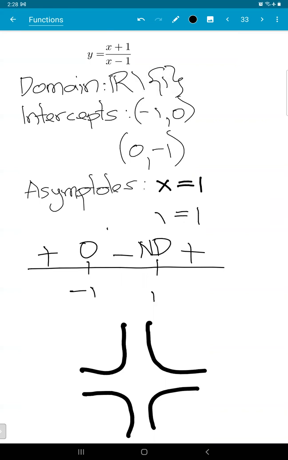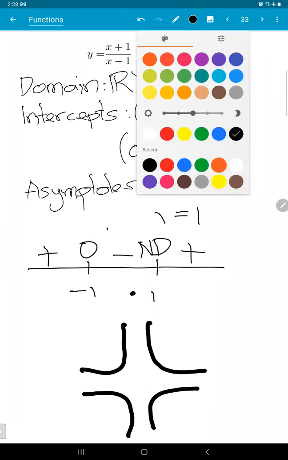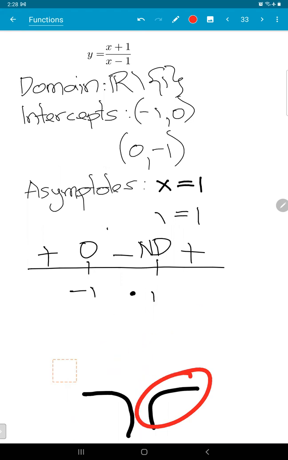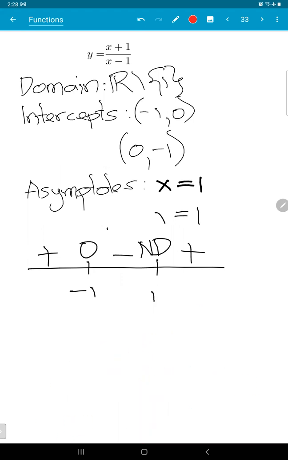Try to memorize them in your mind. And just pick one of those 4. That depends on which side of the vertical asymptote you're considering. So let's say this is the vertical asymptote, and you're on the left side of the vertical asymptote, then it's one of these 2. And if you're on the right side, it's one of these 2. I hope you memorize those shapes.